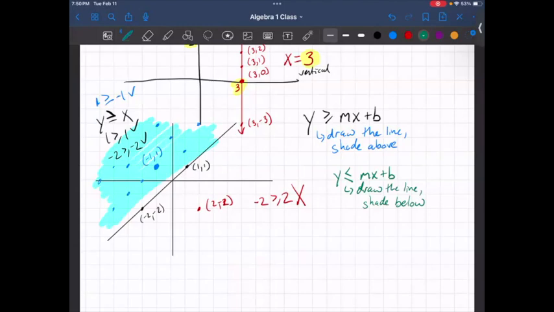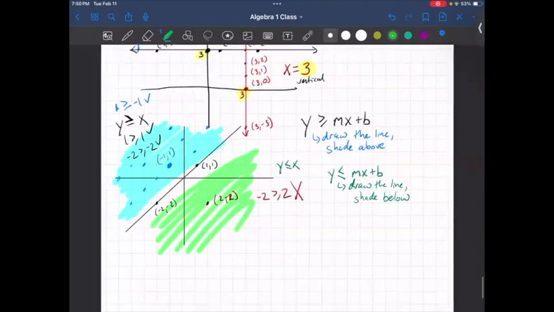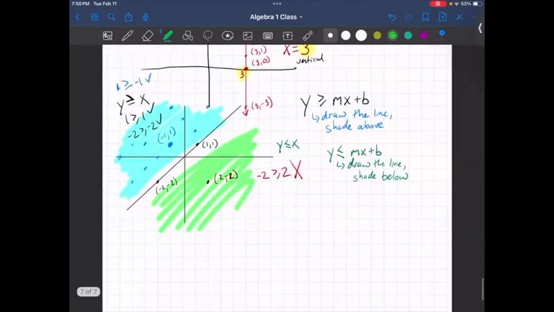So in that case, if I had y is less than or equal to x, I'm just going to use green, I would shade over on this side. Right, and you can use highlighters if you want, or your pencil, just give a nice even shade. Don't draw lines, try to make it shading.